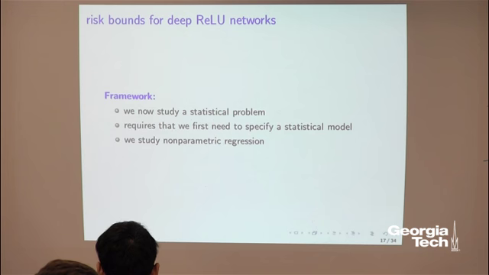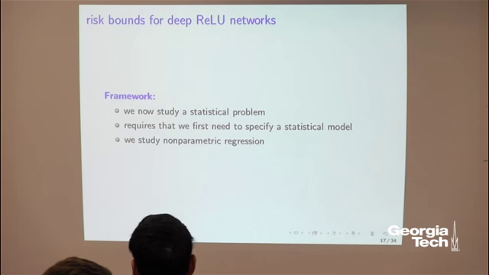In order to do that, we of course need to say what the data generating mechanism is, how the data were generated. And what we do here is we study one famous statistical problem, namely the non-parametric regression model, which has been widely studied in the literature. You could argue, of course, that this is a bit too simple, because in real applications where deep learning has its full power, those are very highly complex problems.